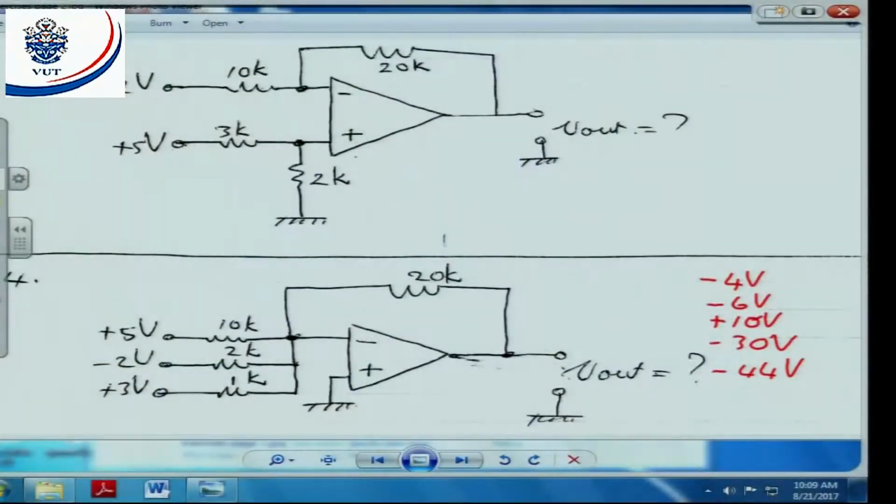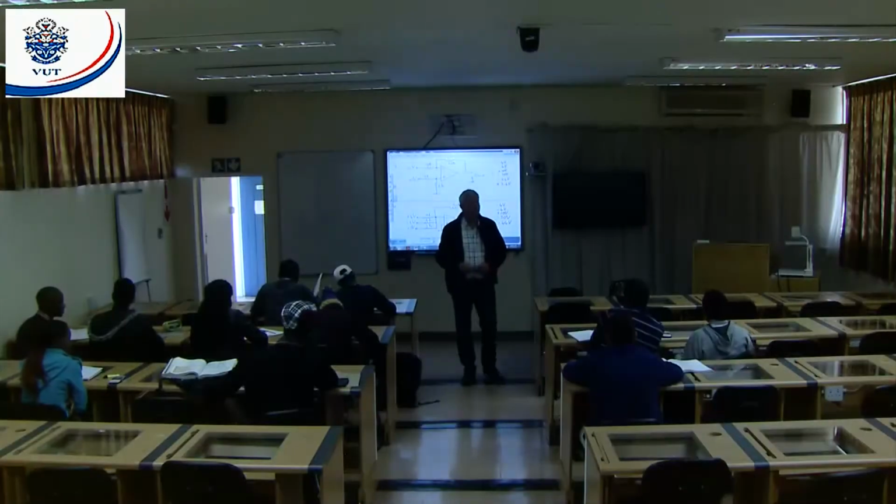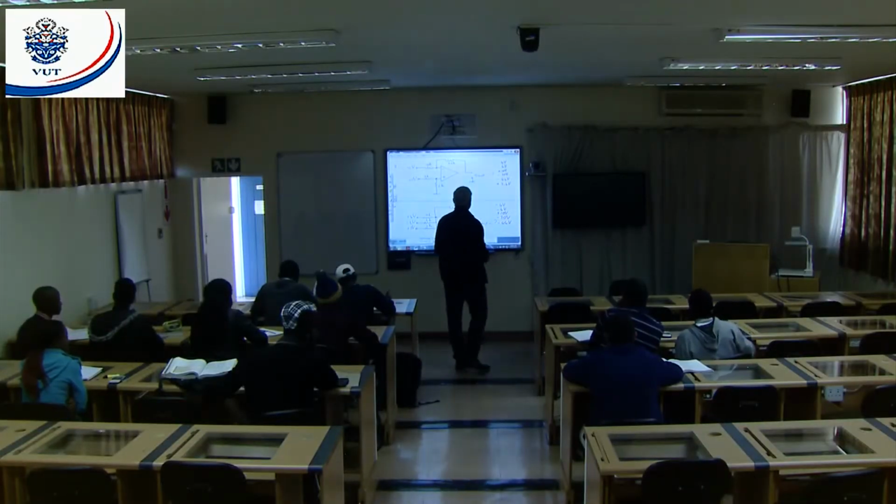All right, let's write them here. I'll write them there as minus 4 volts, minus 6 volts, plus 10 volts, minus 30 volts, minus 44 volts. You see minus 2? Plus 2, 6. Plus 3.